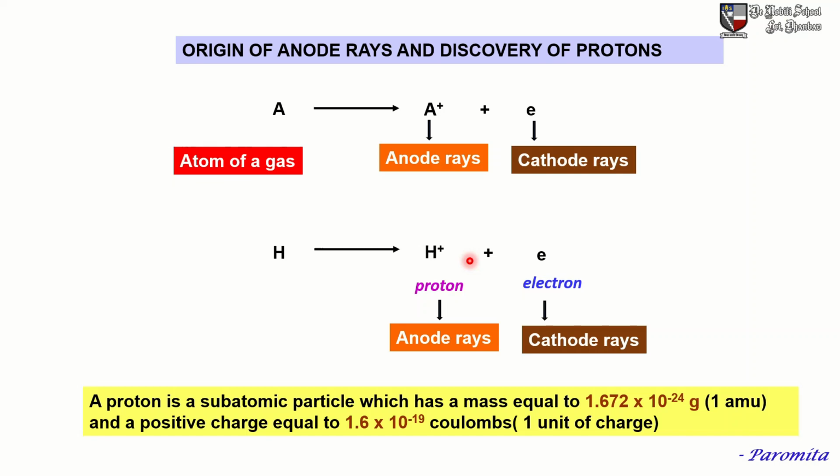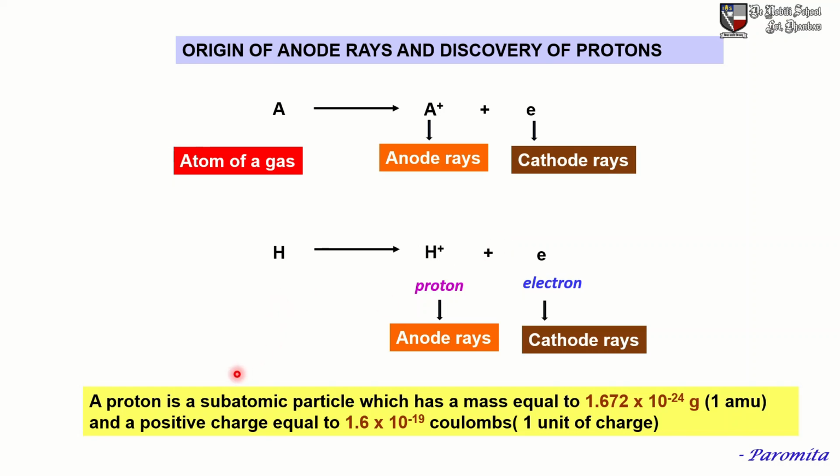Protons were also obtained in various nuclear reactions. Hence, it was thought that the proton is a subatomic particle present in all atoms. Since the positive charge on a proton is exactly equal in magnitude to the negative charge of an electron, a neutral atom possesses the same number of protons as the number of electrons present in it.